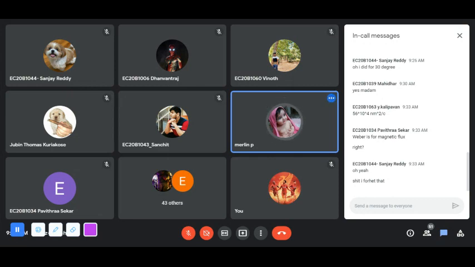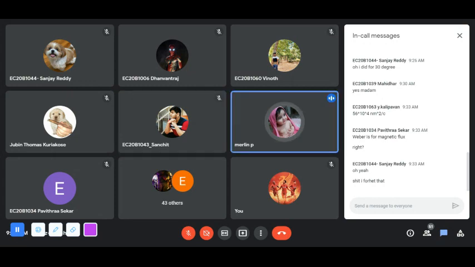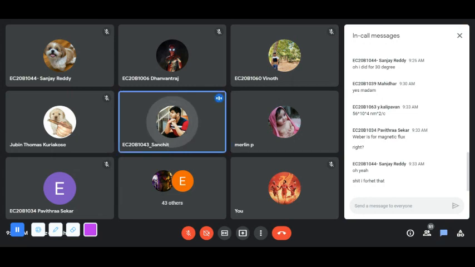You must interact. What about Sanchit? Ma'am, method of images means how the electric field influences superconductors and all.